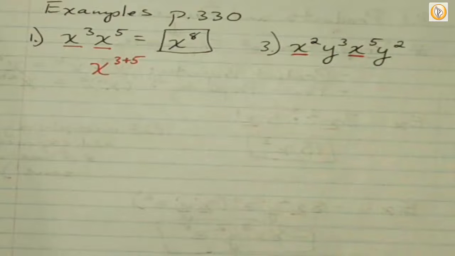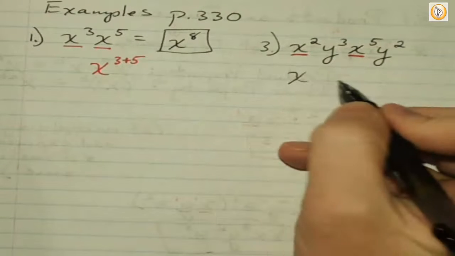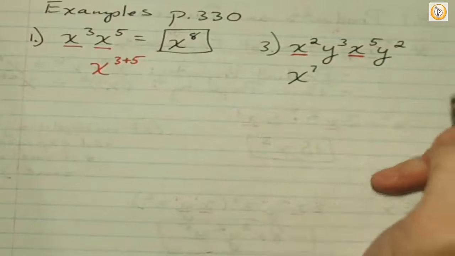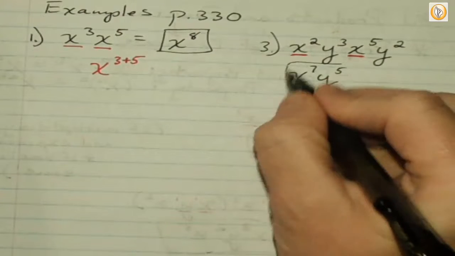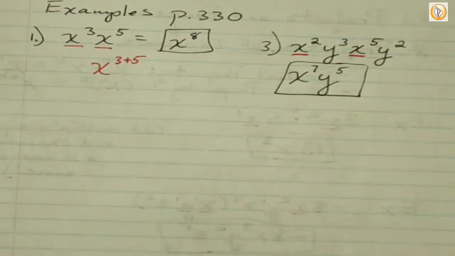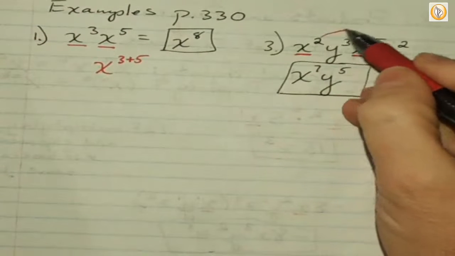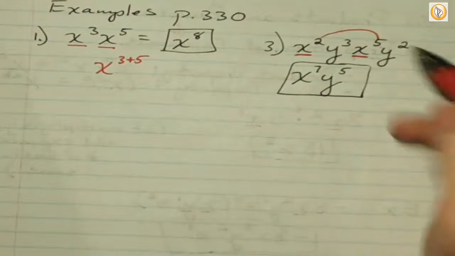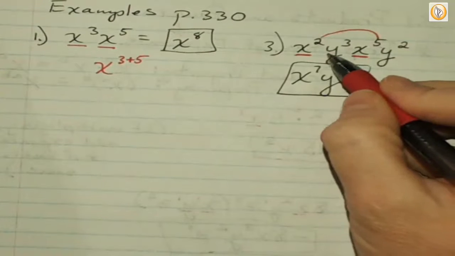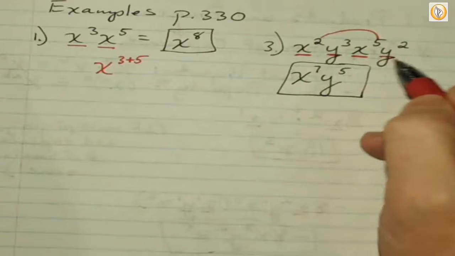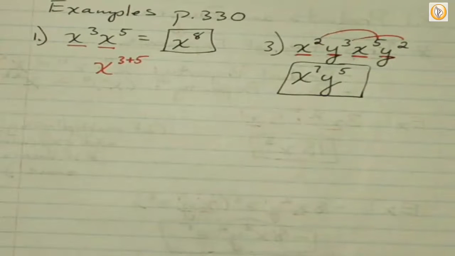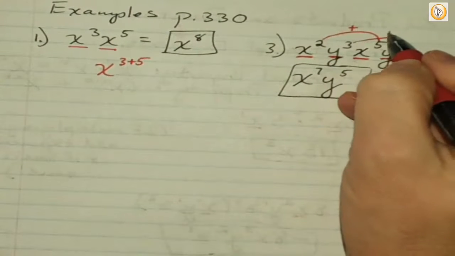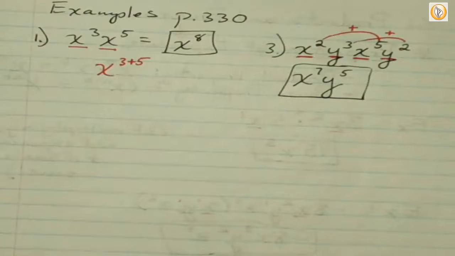So then, x to the 7th power, and y to the... There you go. So you add the 2 and the 5 of the x's, and then you move on to the y's. The bases are the same. You're multiplying everything together. So then you add the 3 and the 2 together. See? Not bad.